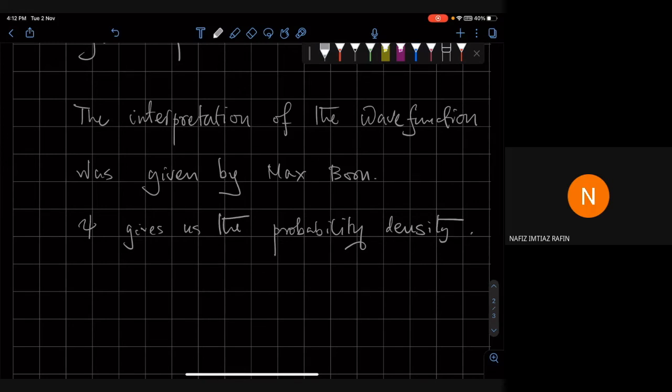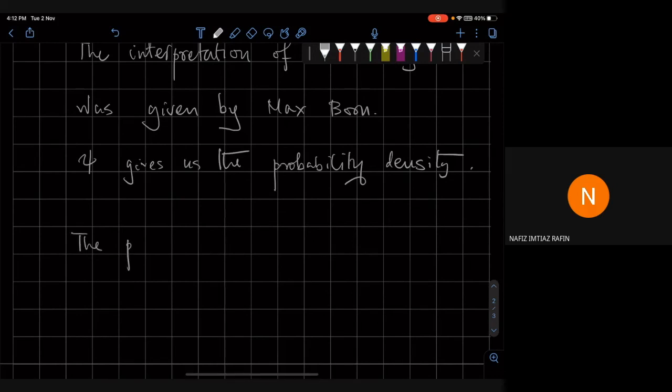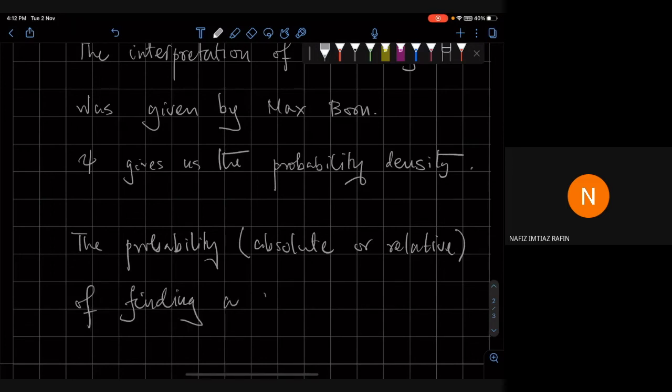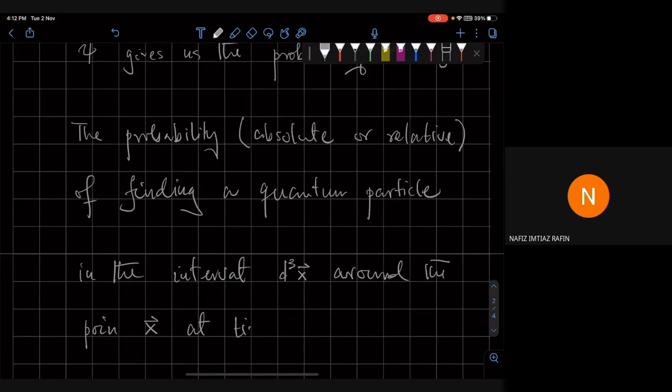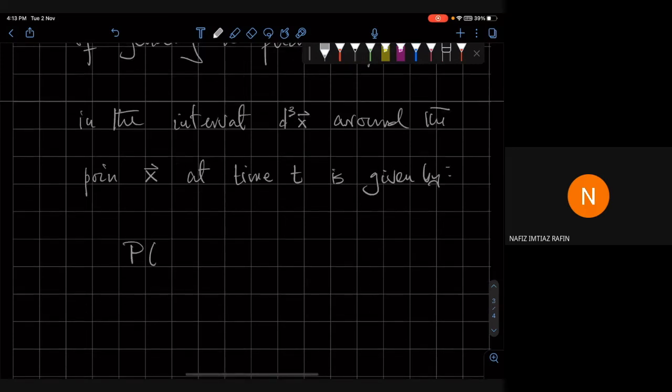Well, we have to take some sort of real version of it, right? So the probability, it can be the absolute probability or the relative probability, of finding a quantum particle in the interval, say d cubed x, around the point x at time t is given by the probability density, which is a function of x and t, times d cubed x, the volume element.